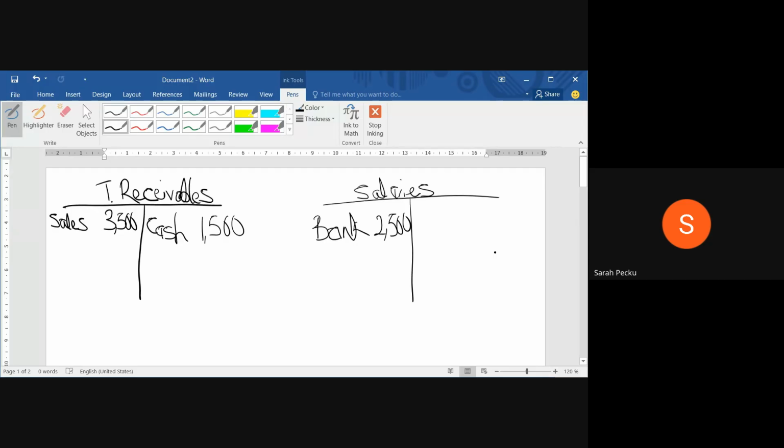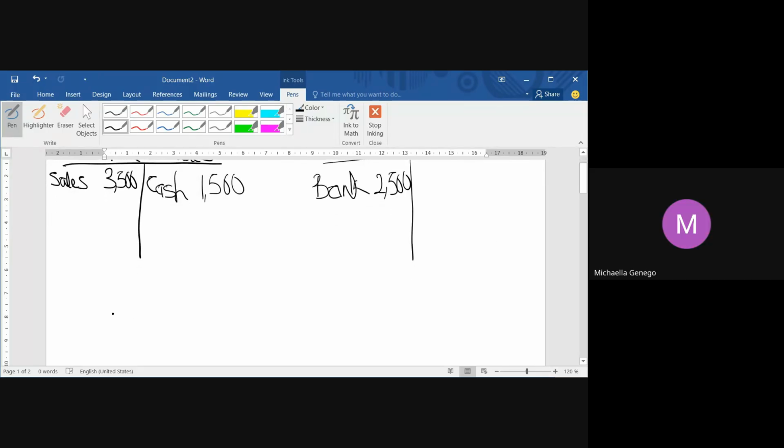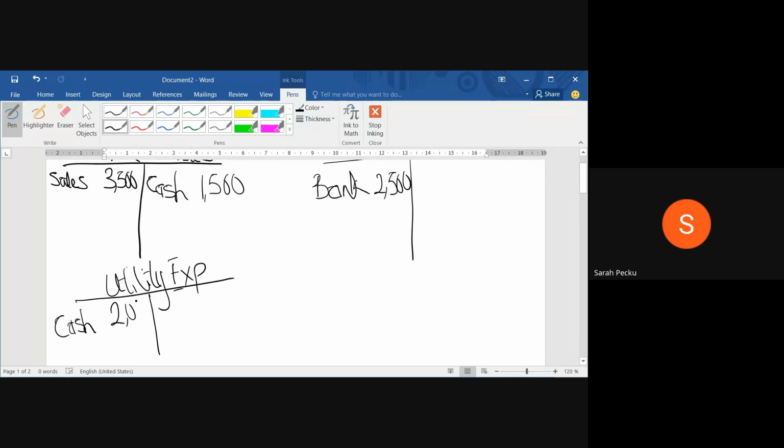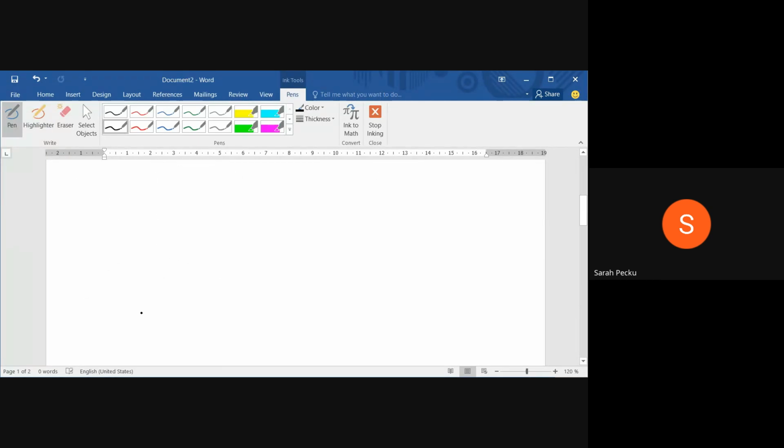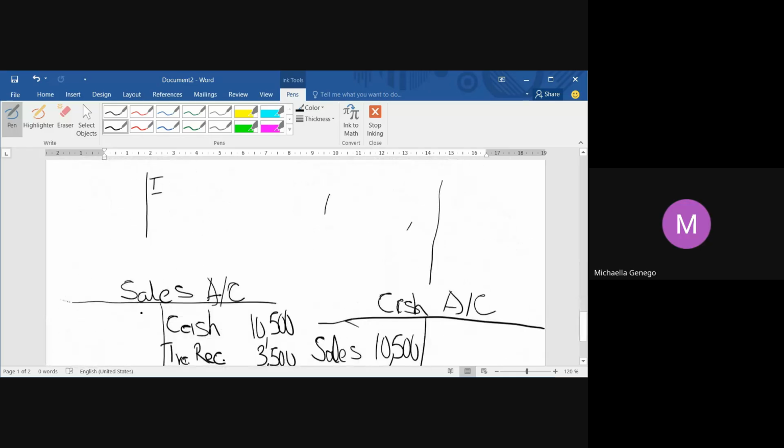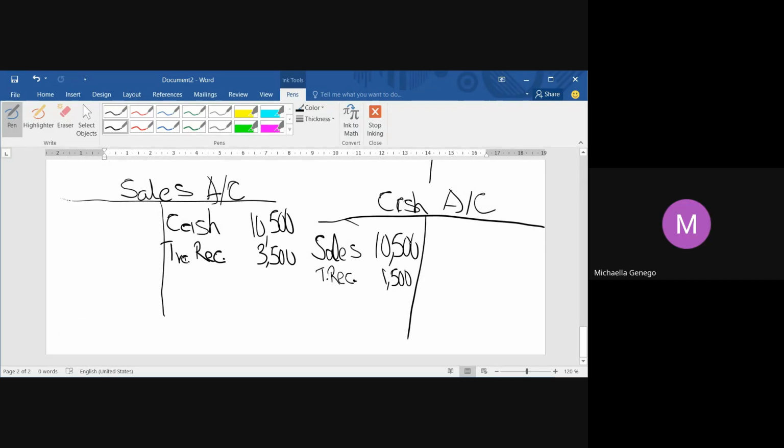Utility account and cash account. Utility expense account. Are we debiting or crediting? We debit the utility account, and we credit the cash account.